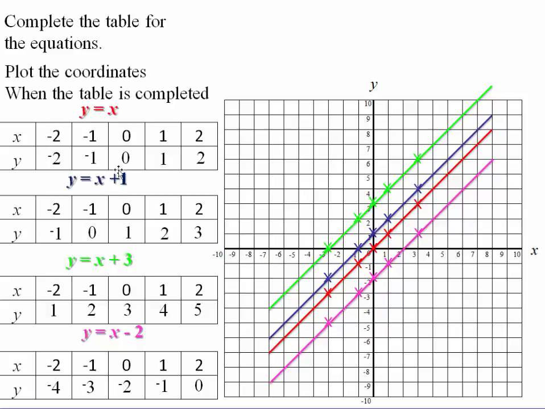However, they differ in this value here, which is the plus c. Here it's +1, here it's +3, and here it's -2. So this is where the line crosses the y-axis. In this case it's -2, so it crosses the y-axis at -2. But the gradient of each line is the same and they are parallel to each other.